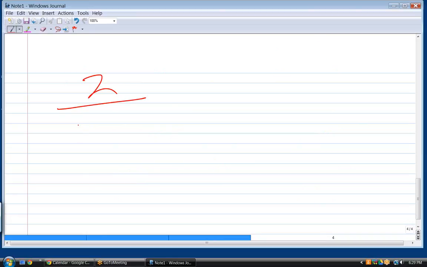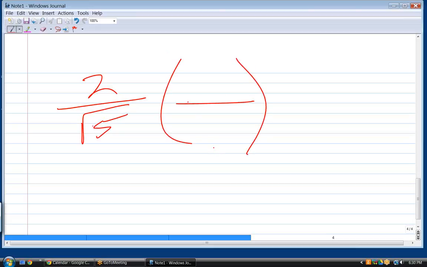So what is this? What do I have to multiply it by to rationalize it? Square root of 5. Okay, now what do I have on the top?